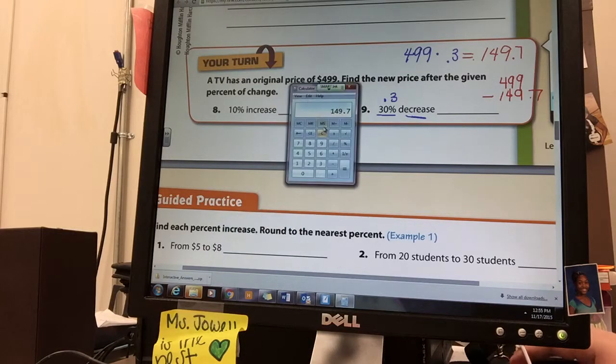So $499 minus $149.70 is $349.30. That is how much my TV would now cost.